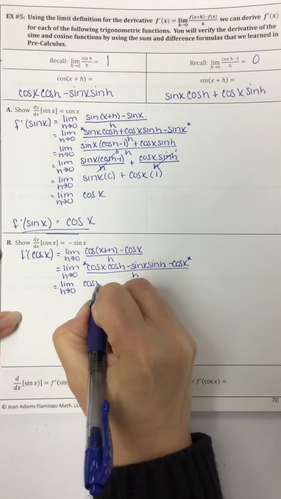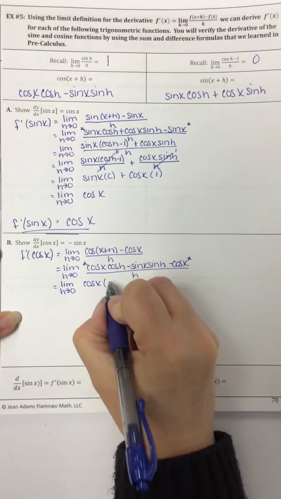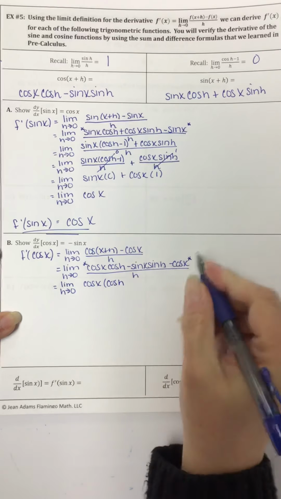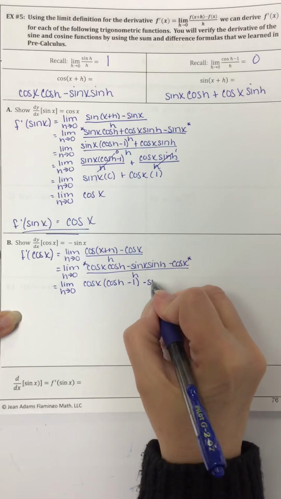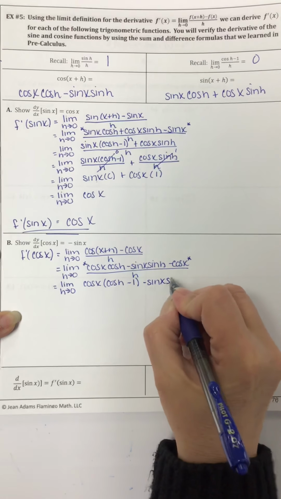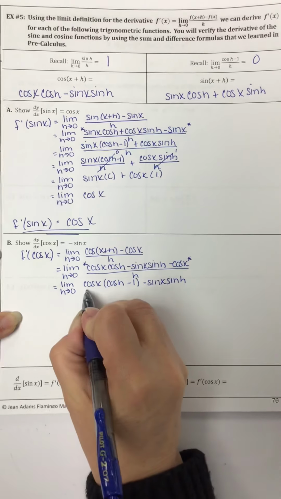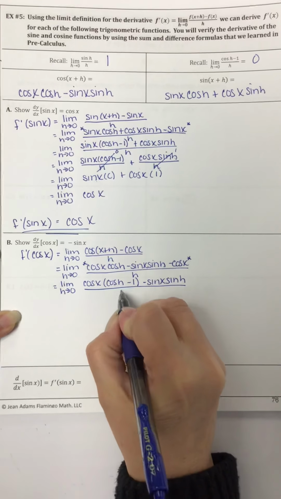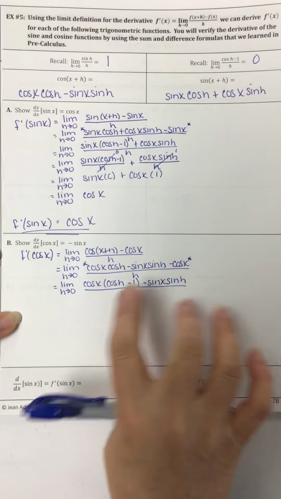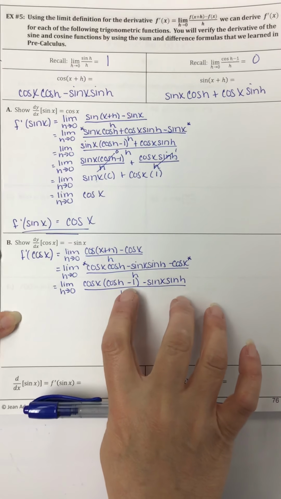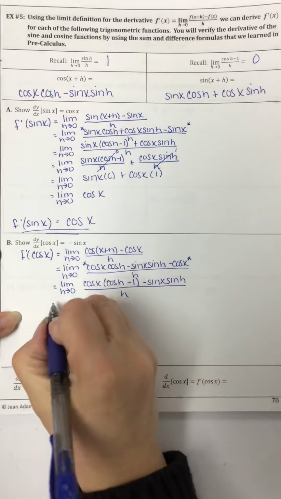I'm going to factor out that cosine of x, and that's going to leave me with cosine of h minus 1, and then I still have that minus sine of x, sine of h, all over h. And then we have two terms there, don't we, that we could separate out.